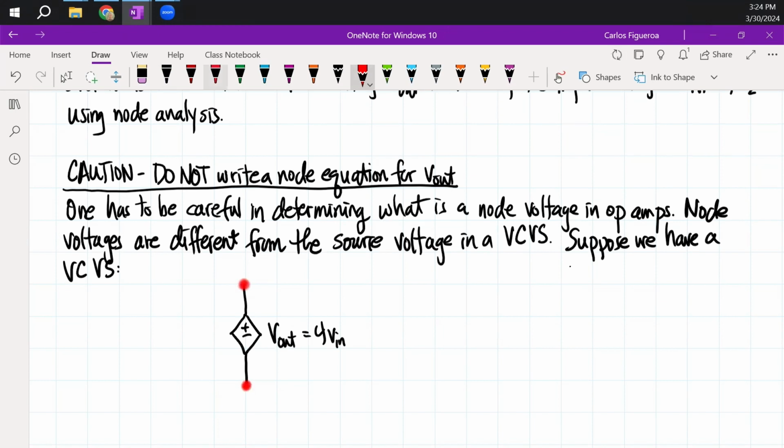So this one is V1, this one is V2. V1 and V2 are node voltages.